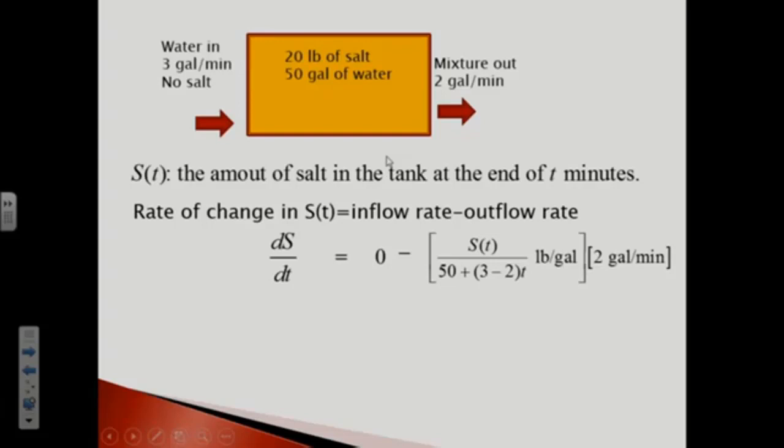Thus, the concentration of salt in the solution at time t is S(t) divided by (50 plus 3 minus 2t), and the outflow rate of salt is S(t) over (50 plus 3 minus 2t) multiplied by 2. Combining these observations, we see that the net rate of change dS/dt is given by dS/dt equals minus 2S over (50 plus t).